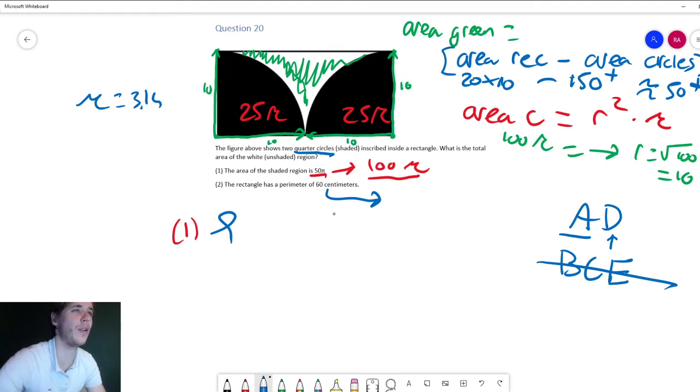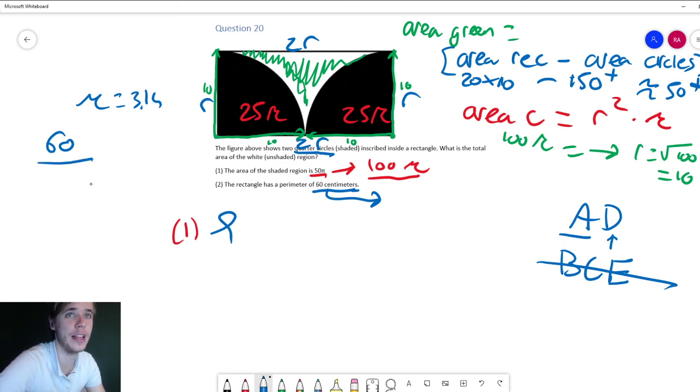Is this enough info for us to calculate? Yes, because we know this part is twice the radius, since the circles are quarter circles. So twice the radius, this would be only the radius, this is only the radius. So if the perimeter of the rectangle is 60 centimeters, it's 6 radii in total.